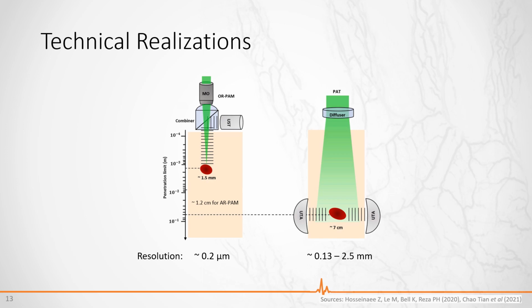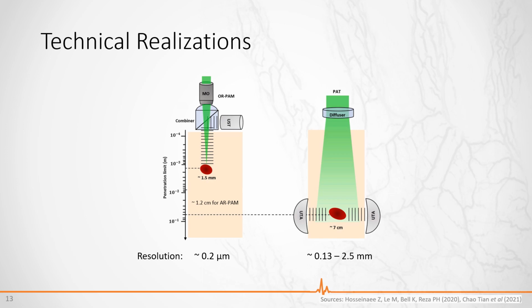And in the photoacoustic tomography, it is mainly limited by the bandwidth of the ultrasonic transducers and the size of the ultrasonic transducers, how many you can put in an area. And the best resolutions here are about 0.1 millimeter.